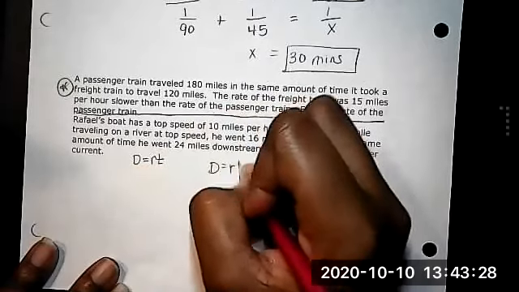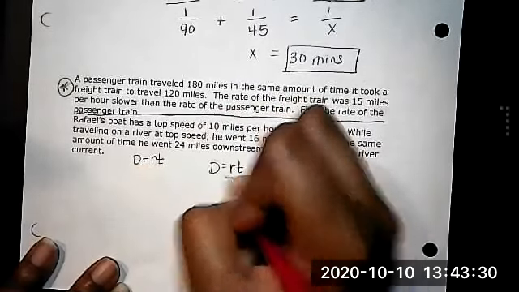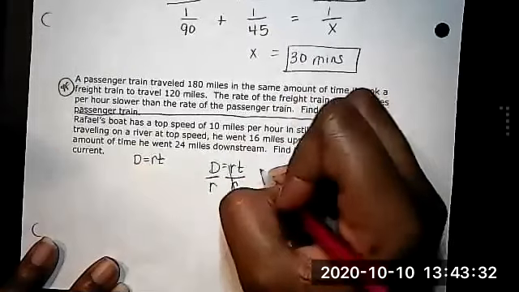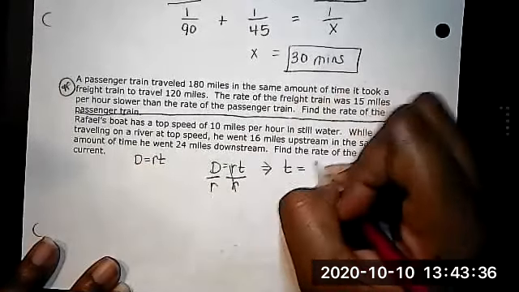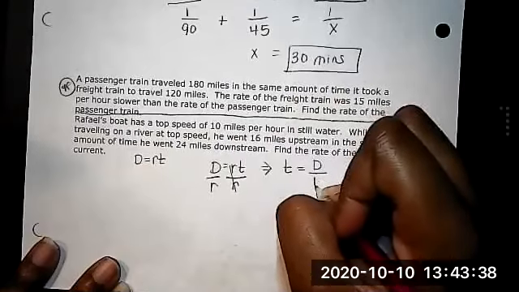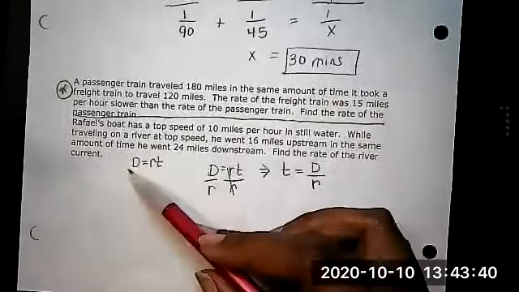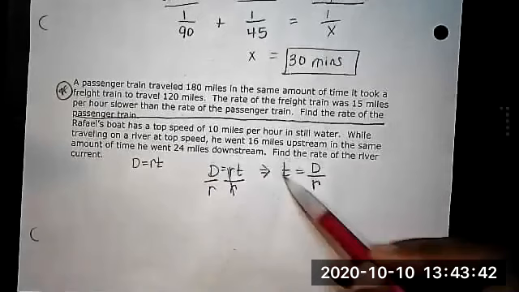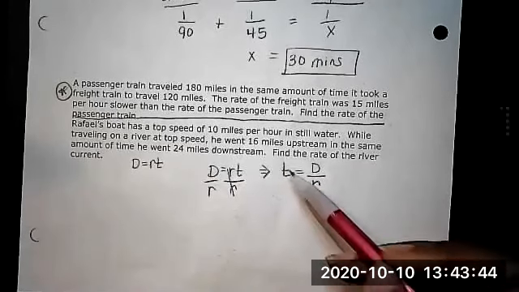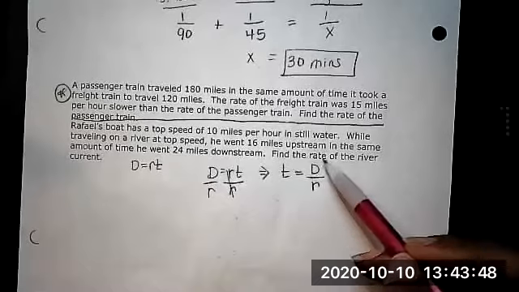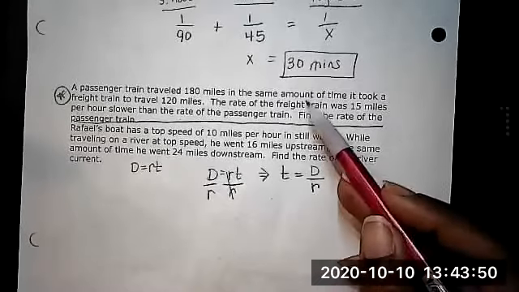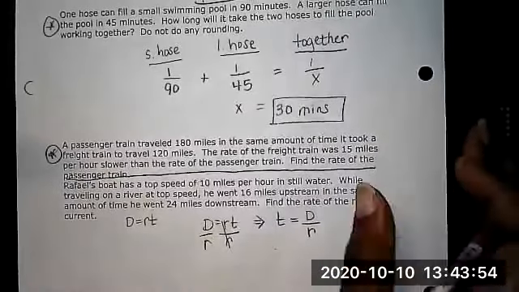So t is also equal to d over r. Remember, distance equals rate times time. If you had to look at time, time equals distance over rate. That is an important situation that's going to happen in these problems. Both of these are important to know.